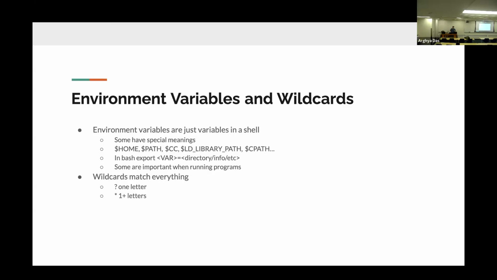You could do like ls 202? and it will list out everything that starts with 202 and another character, another letter, another number. If you do a star, it will just sub in anything, any number of letters, digits, characters, anything like that. And I'll show a couple of examples of wildcards because they can be pretty useful.